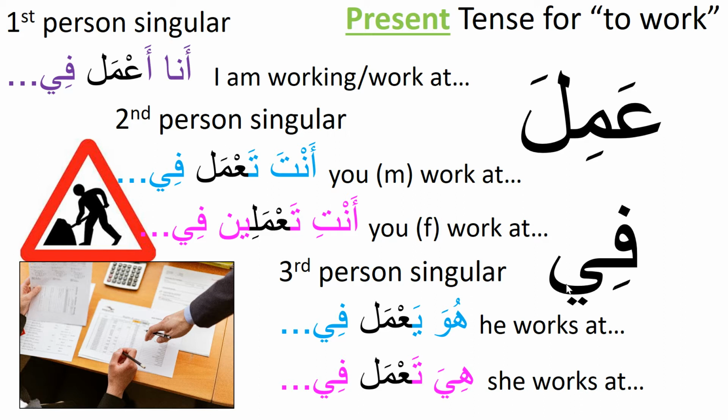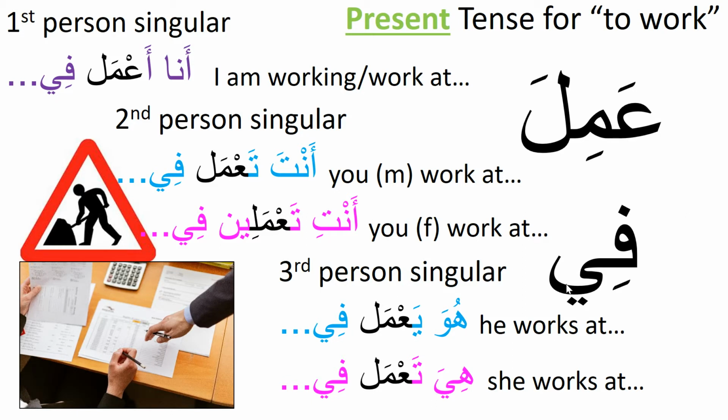The other thing that's very important to mention with this verb, amila, is you can put your profession immediately after it. And it means I work as, and then whatever it is that you work as.